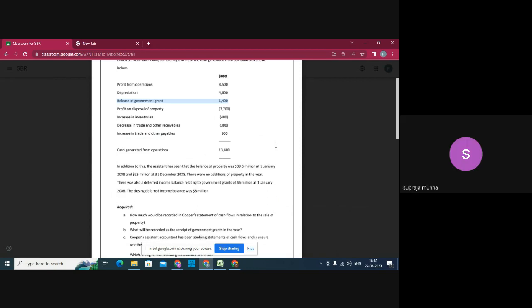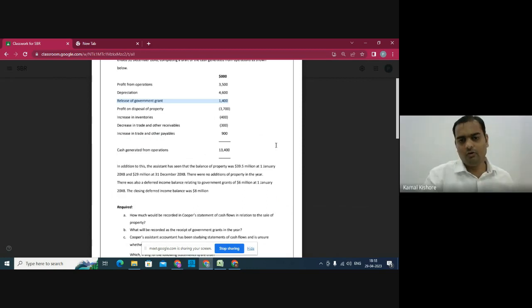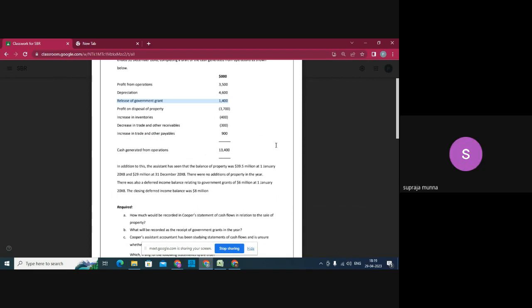It's an inflow of cash. If it is an inflow of cash, okay, fair enough. Then what is the other adjustment that you have to do? There has to be one more adjustment, right? Somewhere these numbers have to reconcile, correct? Yes.